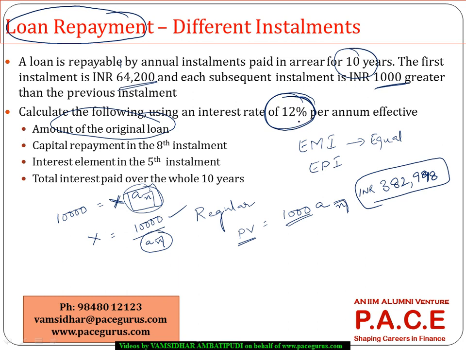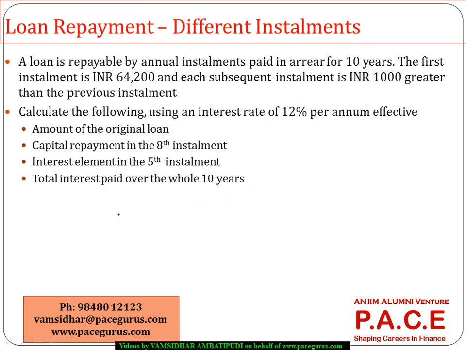But if I have to do the same process manually, how will I do that? It is in the form 64,200 plus 65,200 plus 66,200 and so on.